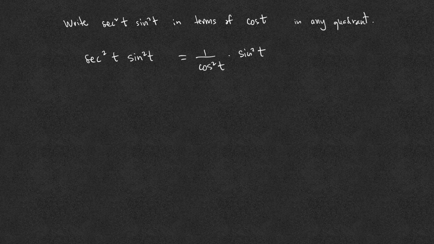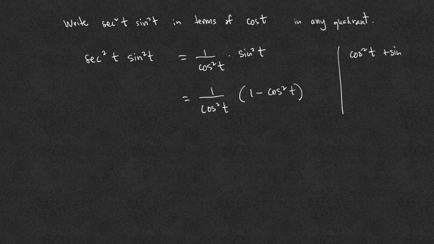We still have to rewrite sine squared in terms of cosine. Using the Pythagorean identity, cosine squared of t plus sine squared of t equals 1.